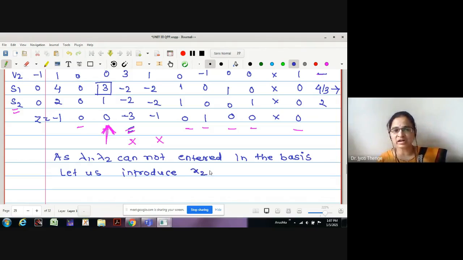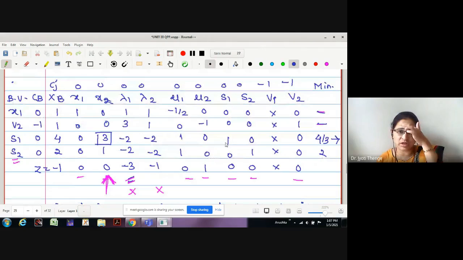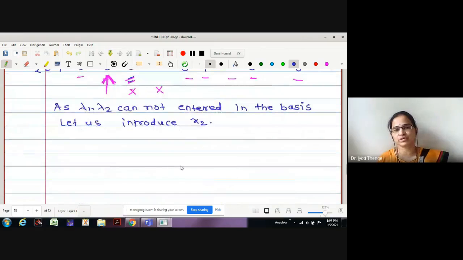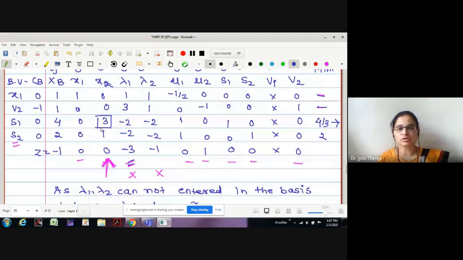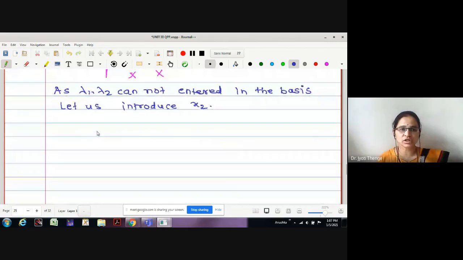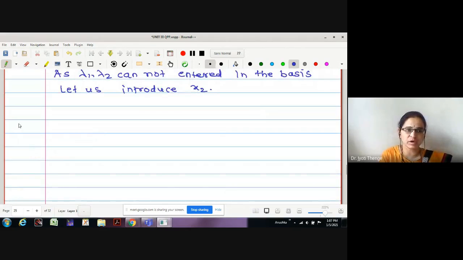Why have I not introduced the remaining variables? Because we want to find the values of the original variables. Therefore, we are going to introduce x2. Again, what to do? Converting the pivot to unity, the remaining to 0. Let us write the table again.